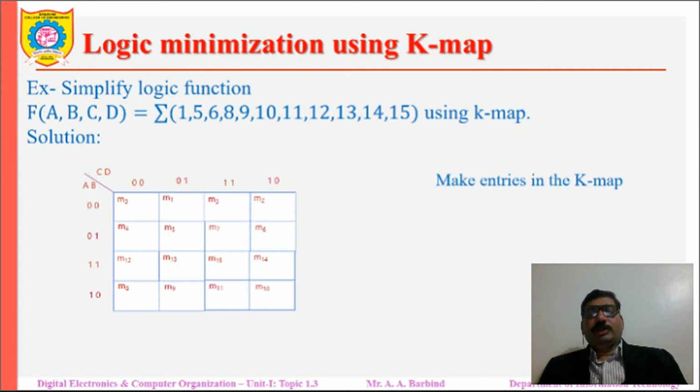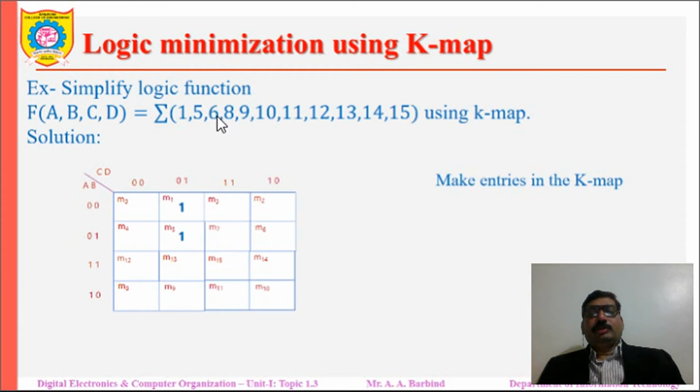First of all, for the minterm 1, it will go to the cell for which the input AB is 0 0 and CD is 0 1. Then for 5, that is 0 1 0 1, this is the cell for which AB is 0 1 and CD is 0 1.